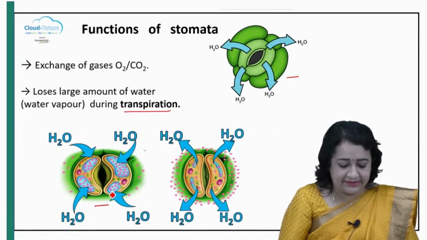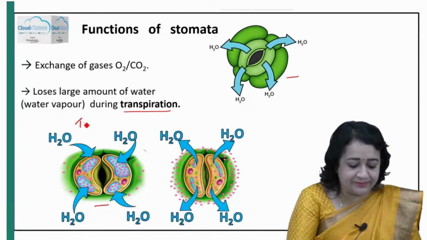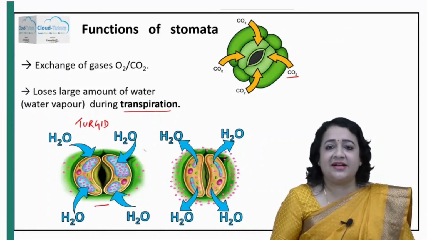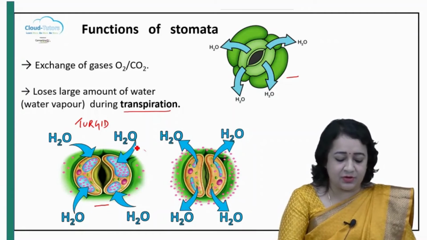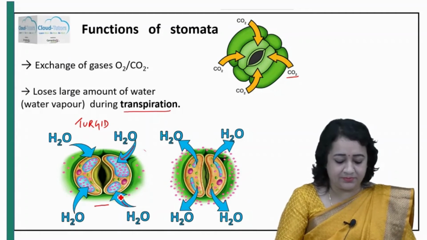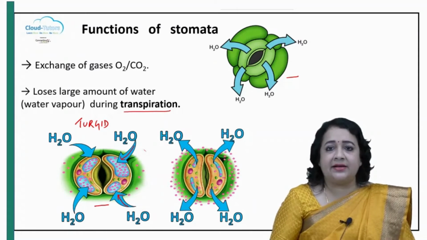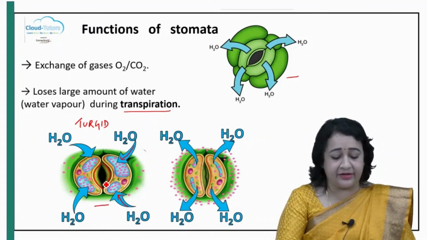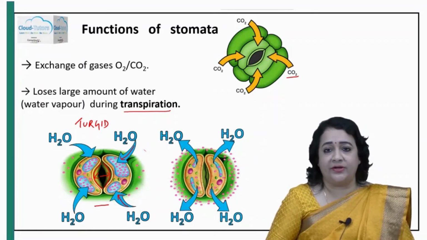In the first case here, you can see that the guard cells are turgid. When I say guard cells are turgid, they are swollen. Why are they swollen? That is because of the entry of water molecules. When water molecules enter, the guard cells are in a turgid condition. When they are in a turgid condition, the inner layer here is pulled apart, and the stomatal pore is open.